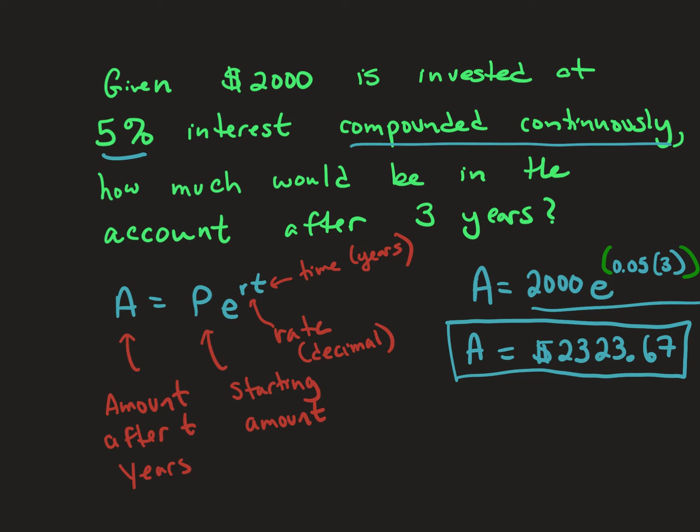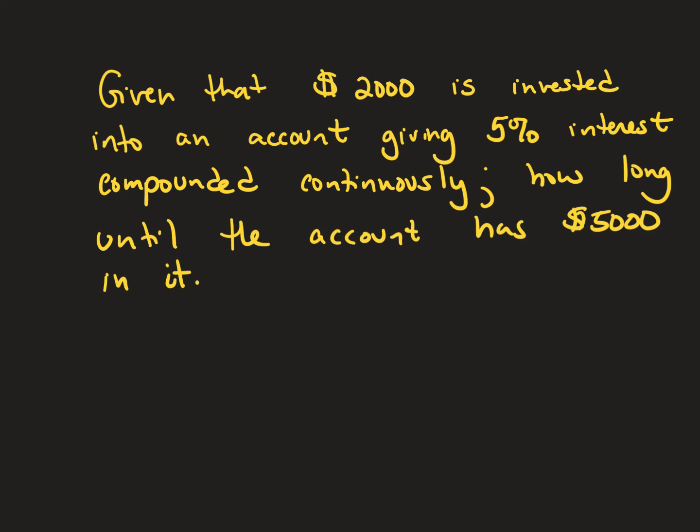The other kind of problem could be a little more tricky. So this is that tricky problem where, kind of similar, I have $2,000. It's still 5% compounded continuously. But now, instead of knowing the time, I don't know the time. I want to know how long it's going to be until the account has $5,000.